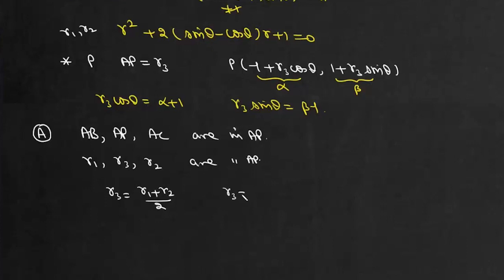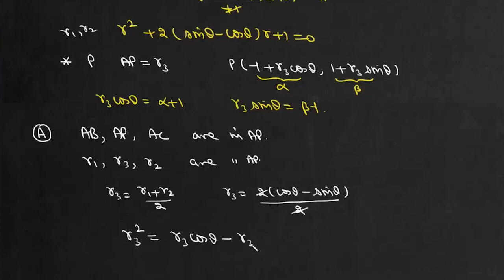Now R1 plus R2 we have already worked out. This R1 plus R2 is 2 (cos theta minus sin theta) upon 2. Now this 2 and 2 will cancel. Now we'll multiply everything with R3, so we can write R3 square will be equal to R3 cos theta minus R3 sin theta.